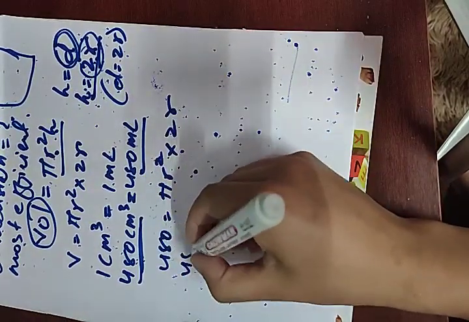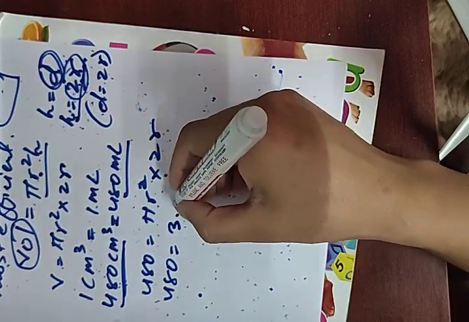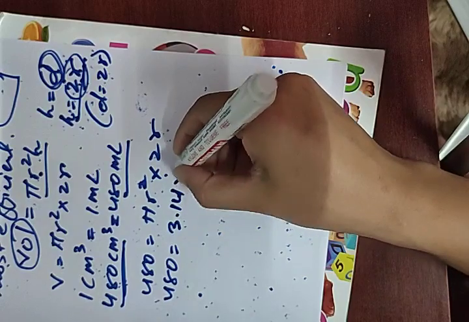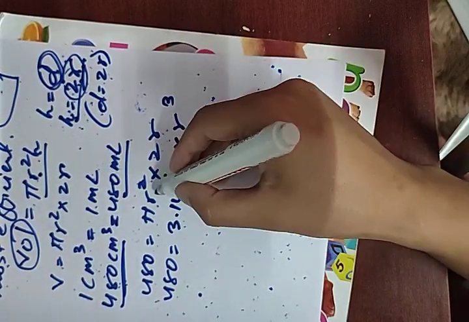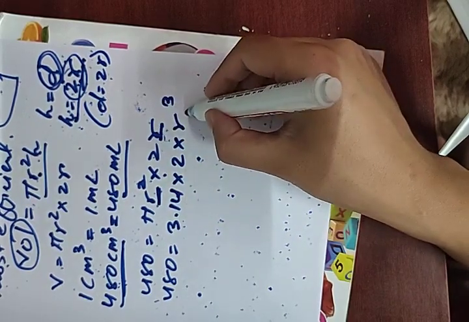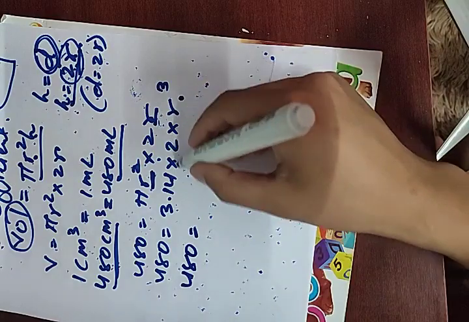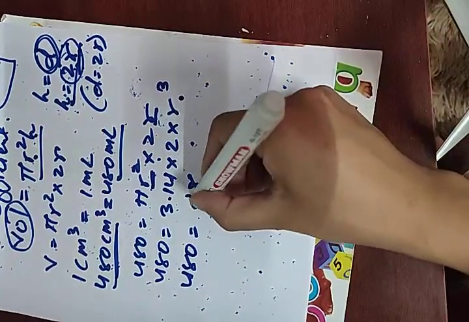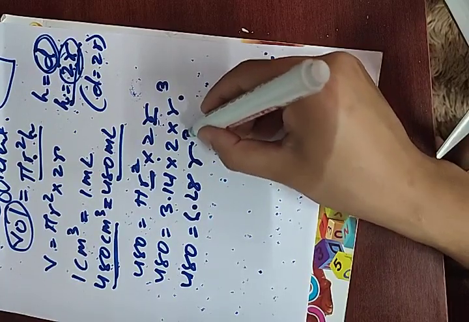Now solve it. 480 is equal to pi, which has a value of 3.14, times 2 times r cube. Why r cube? Because r square times r is r cube. So it will be 480 is equal to 6.28 r cube.